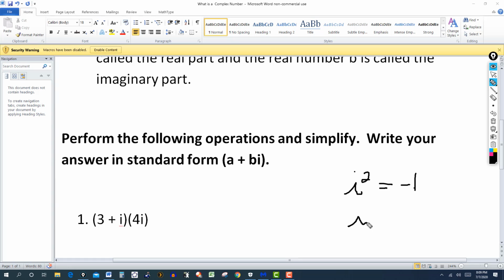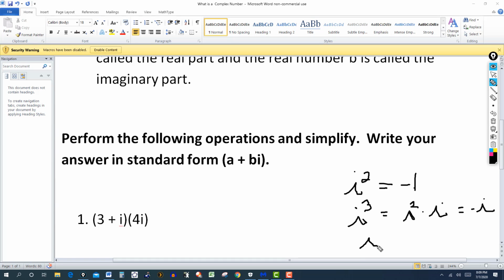Or if you have i cubed, we know that this is the same thing as i squared times i. We know i squared is -1, so this will be -1 times i, or -i rather, and so forth.